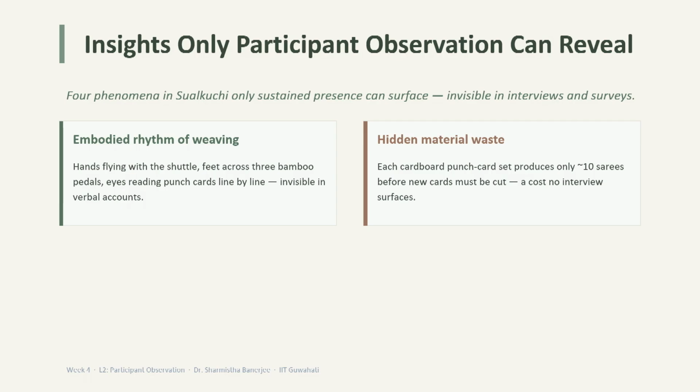Nobody even mentioned that each punch card can be used to produce only approximately 10 saris or mekhela chadors, and then new cards have to be cut, and these old punch cards have no recycling facility or municipal garbage collection, so they just burn them. Only after participant observation did we see how the punch cards were getting replaced and how often, and when we asked what happens to the waste, we were able to discover this hidden material waste.